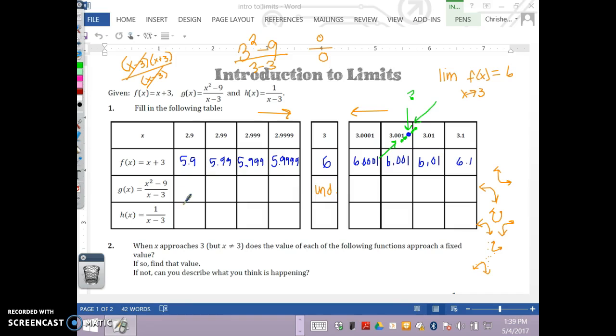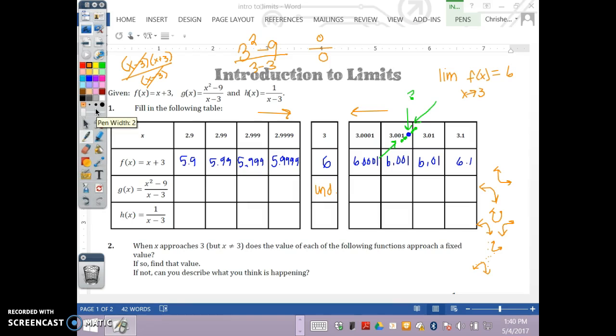So what I need to do is see what we're approaching from both sides. What happens when I plug in a 2.9? So 2.9 squared minus 9, and then I'm going to divide that by 2.9 minus 3.